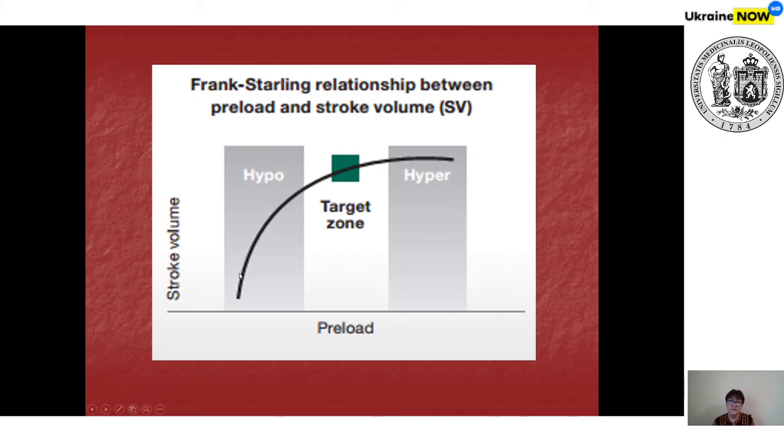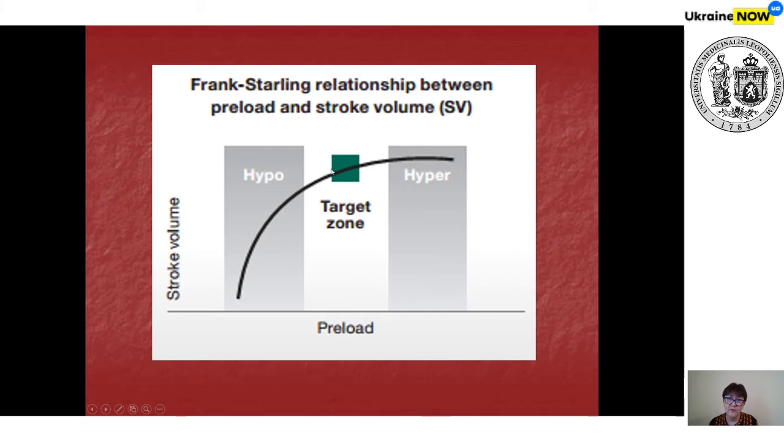Here you can see the Frank-Starling relationship between preload and stroke volume. When we increase preload using fluid resuscitation, in hypovolemic patients there is a significant increase in stroke volume.